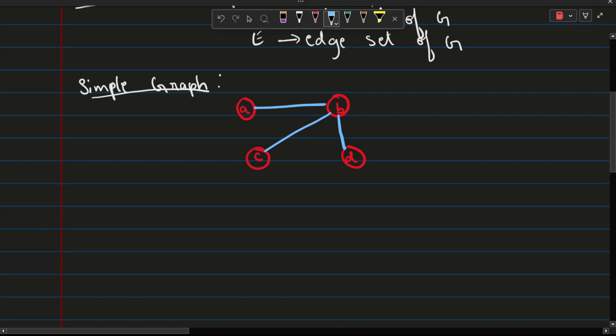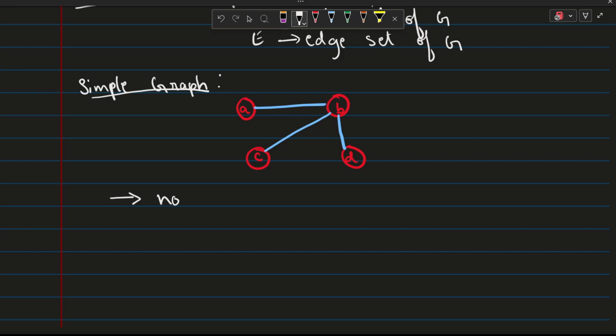This is a simple graph. How do we say this is a simple graph? It has the following properties. It has no self loops. For example, none of the vertices have a self loop from itself. This is a self loop edge, but it's not present.